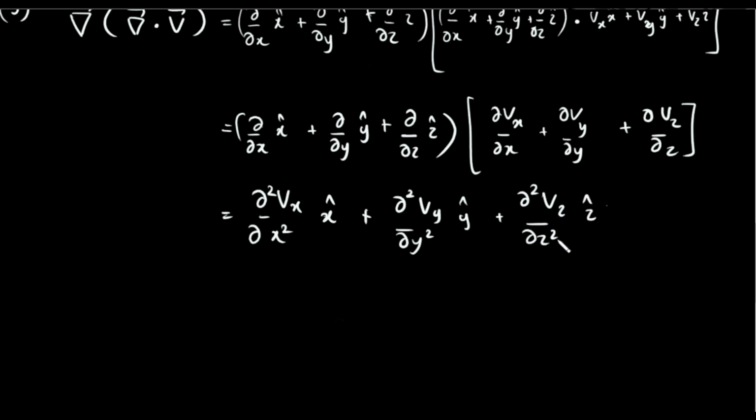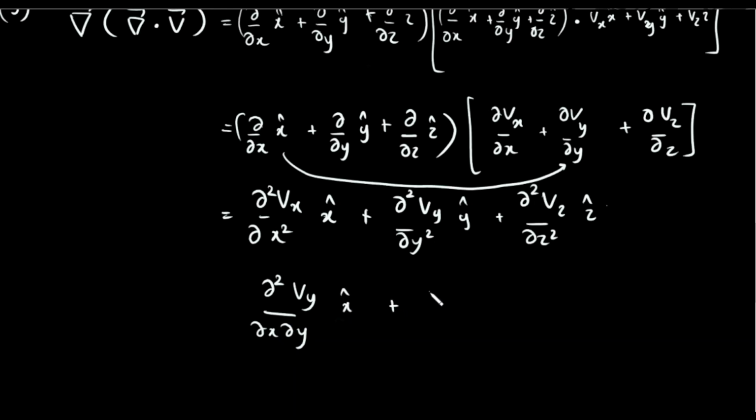So this is going to be a vector, and now you have other terms as well, like partial squared vy over partial x partial y x hat, and partial squared vx over partial x partial y y hat.